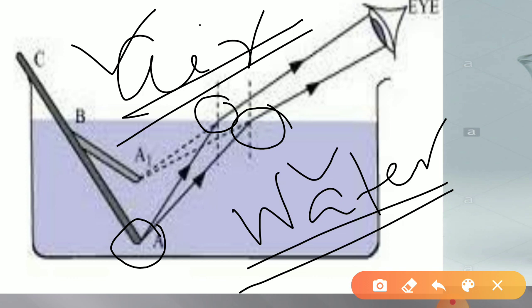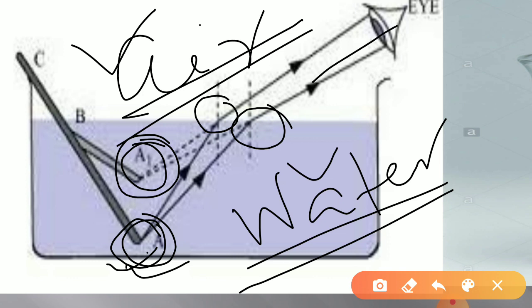Now when we extend the path of these refracted rays in the backward direction, they appear to meet at point A1, which is just above A. So to us, what is visible is the image of the tip of the pencil, which is formed at A1.